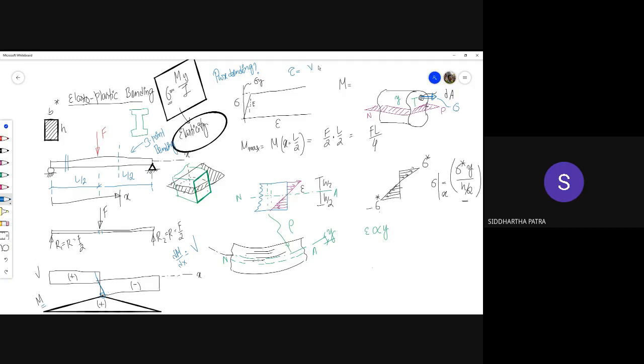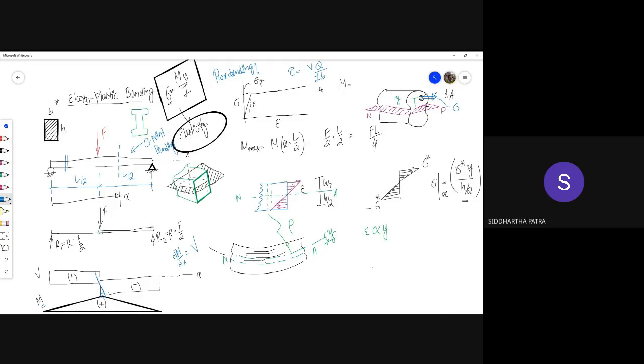V, the shear force, times? Sir, A into Y by IB. V into A into Y by IB. Not A into Y. There was something called Q and then IB, right?